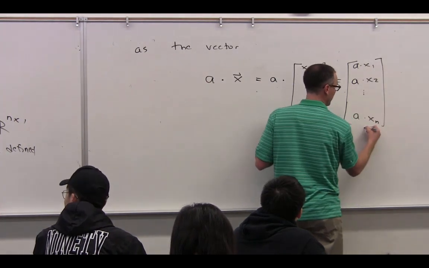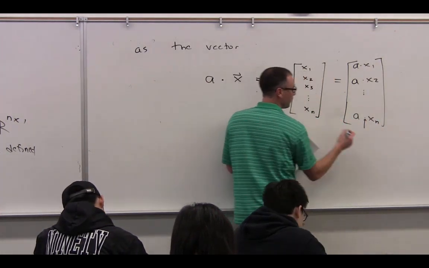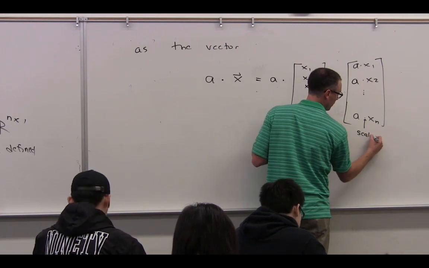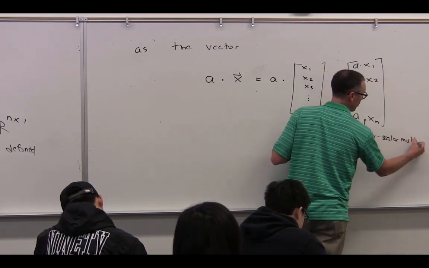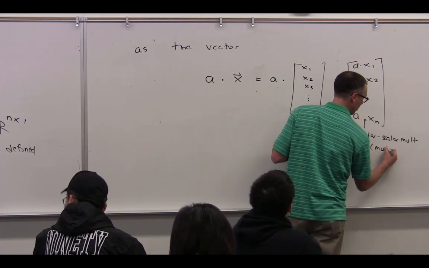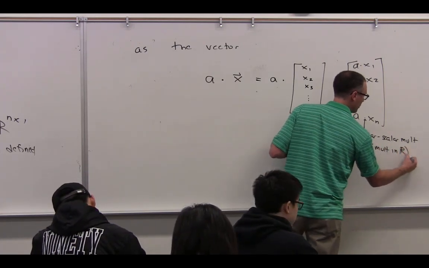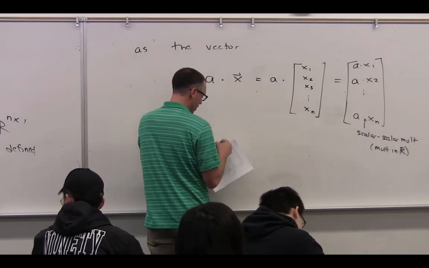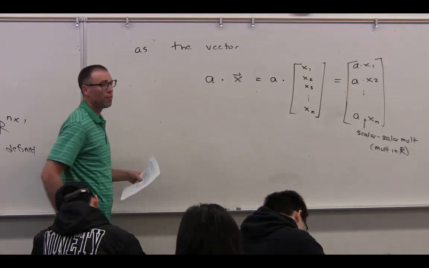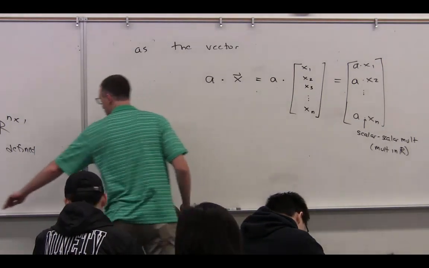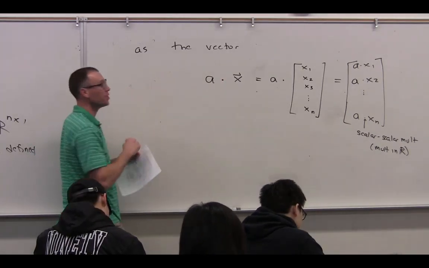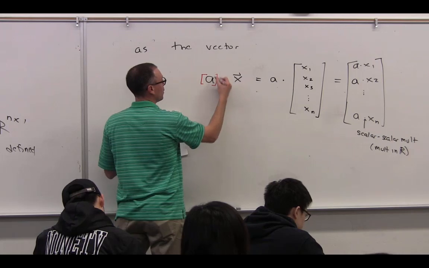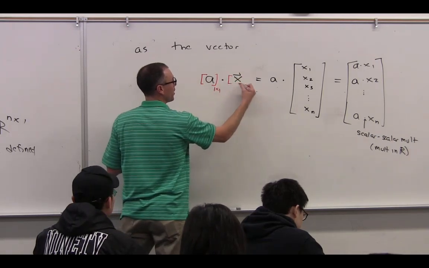This multiplication inside, what type of multiplication is that? That's called scalar mult. So it's mult in the real numbers. This thing right here, what type of multiplication is that? How would you know it's scalar vector? Write the dimensions.